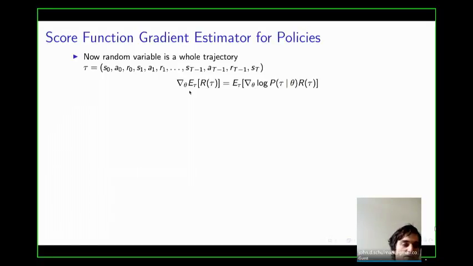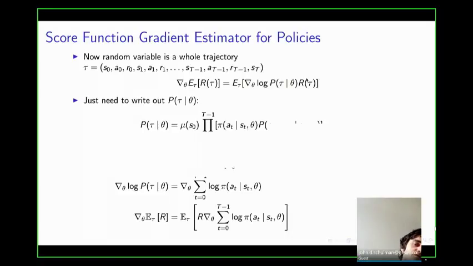If we go through the motions to derive the score function estimator, we get a perfectly good estimator, which says that the gradient of the expected return is the expectation of grad log probability of the trajectory times the return of the trajectory, where the return is just the sum of rewards.